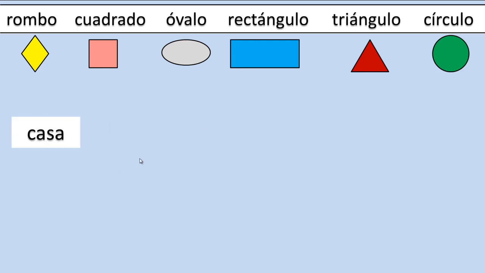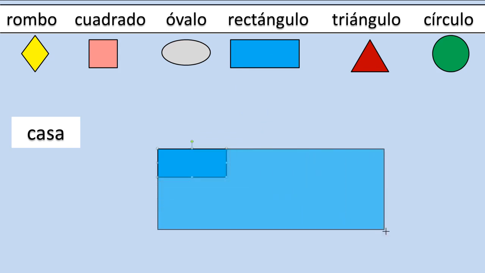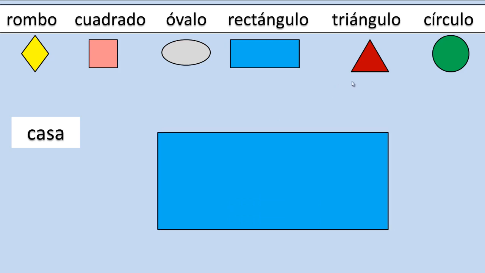And here's what I saw them do. They took un rectángulo and they made it más grande, like this. Then they took un triángulo and they made it like this.